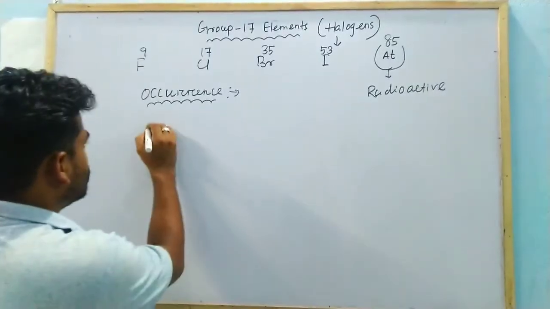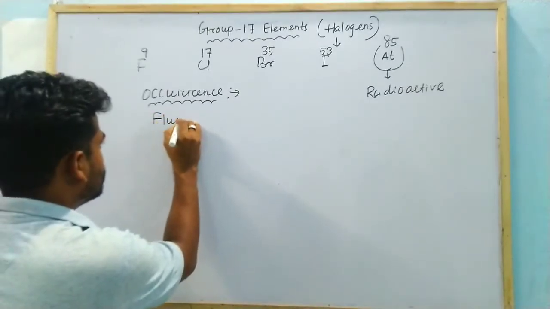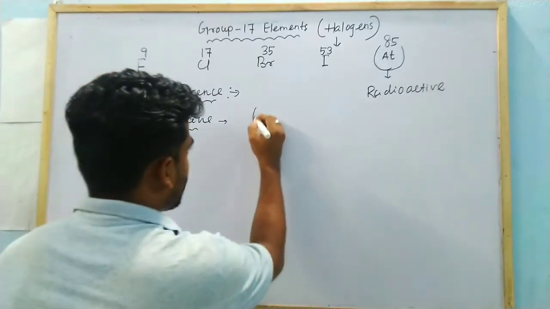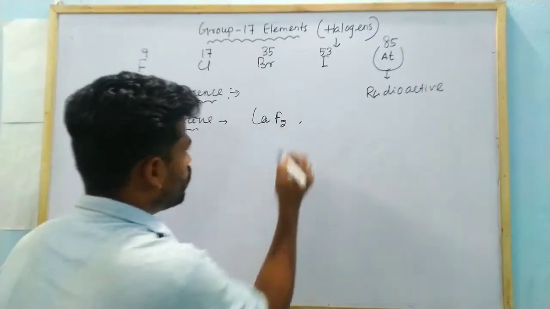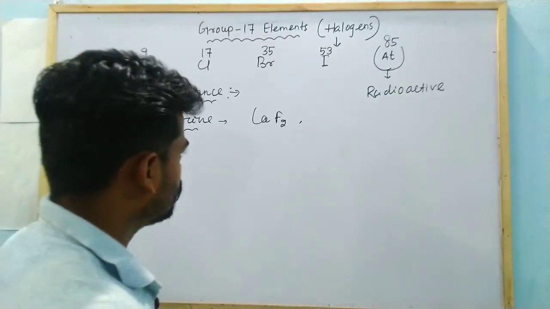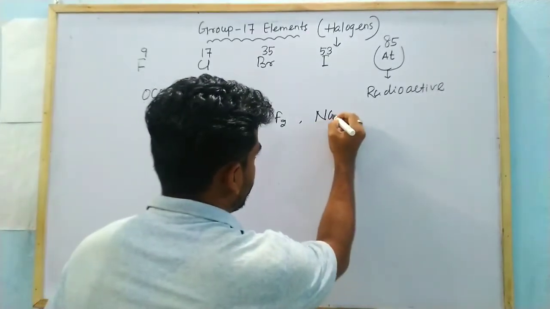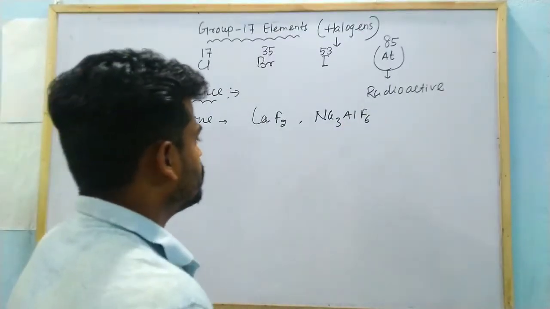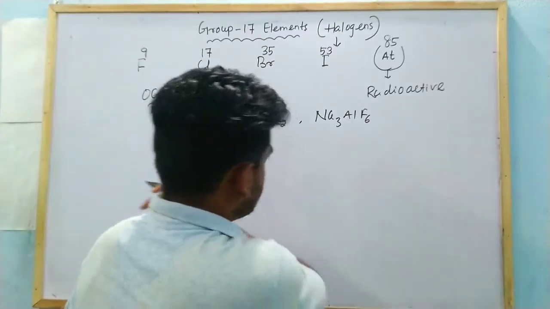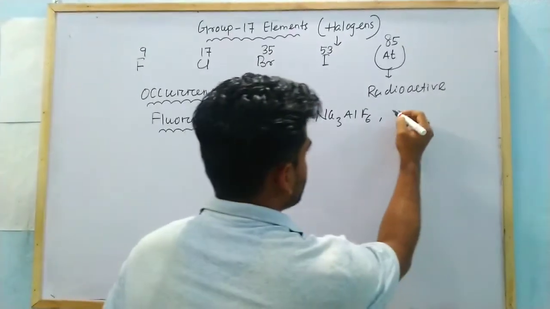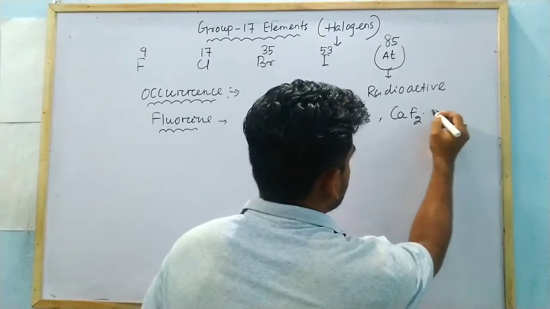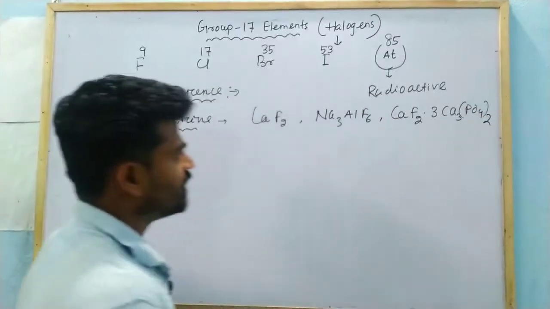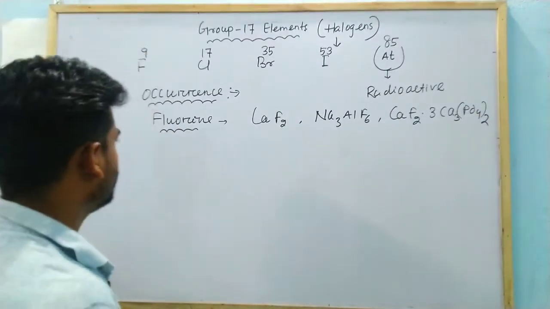First, the occurrence of fluorine: mostly it is found in fluorspar, that is CaF2, and also in cryolite, Na3AlF6. Next is fluoroapatite, CaF2.3Ca3(PO4)2. These are basically the sources of fluorine.